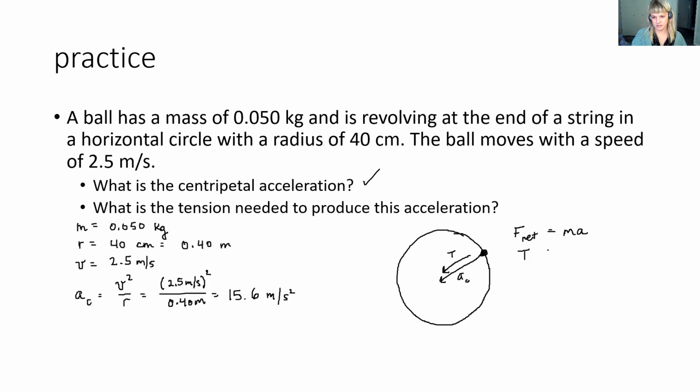So we'll put tension here, and it has to be equal to mass times the centripetal acceleration. The tension force here is the centripetal force, causing the centripetal acceleration. So let's plug in our values. Mass of the ball is 0.050 kilograms, and the centripetal acceleration we just solved for is 15.6 meters per second squared.